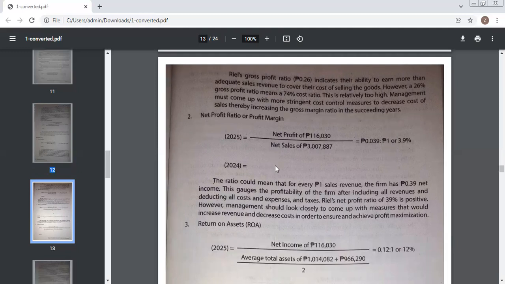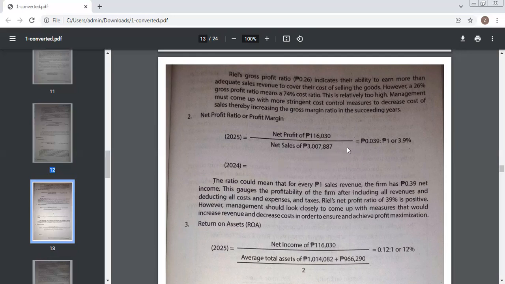Net profit ratio, or profit margin. The formula is net profit over net sales. The given example here is net profit of 116,030 pesos over the net sales of 3,007,887 pesos.